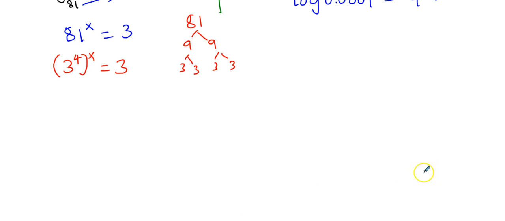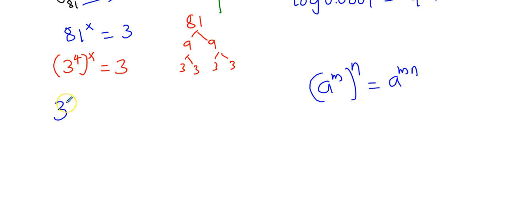Further, using the properties of exponents again, if it is a to the power of m, to the power of n, the result is a to the power of mn. Power of a power, you multiply. So using this rule, 3 to the power of 4 whole to the power of x gives me 3 to the power of 4x.